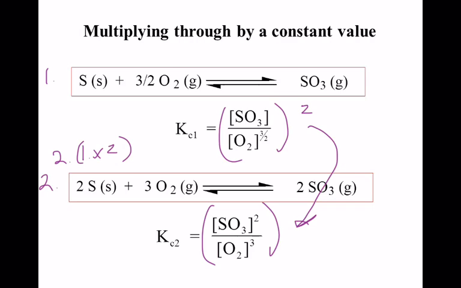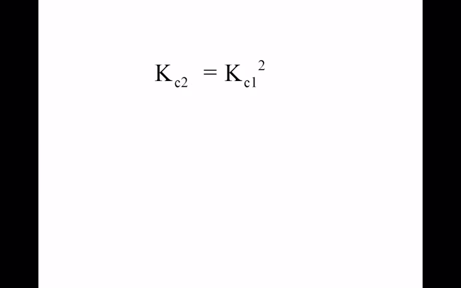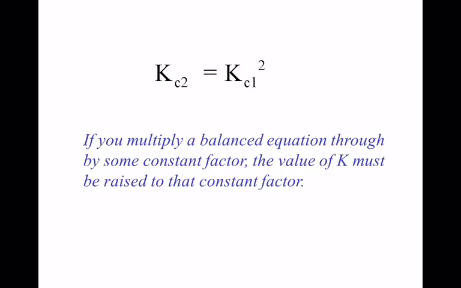If you multiply through by a constant, you have to take that and make it into a power. So what I did was, for the second equilibrium, that's the Kc2 for the second equilibrium, was equal to Kc for the first equilibrium raised to the second power, because I was multiplying through by 2. And that's always going to be the case. If you multiply your equilibrium by a constant, then you make that into a power and apply it to your equilibrium constant.